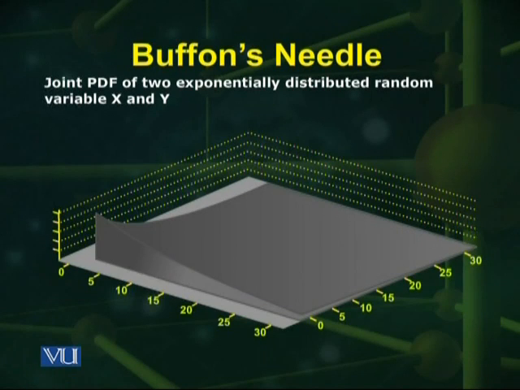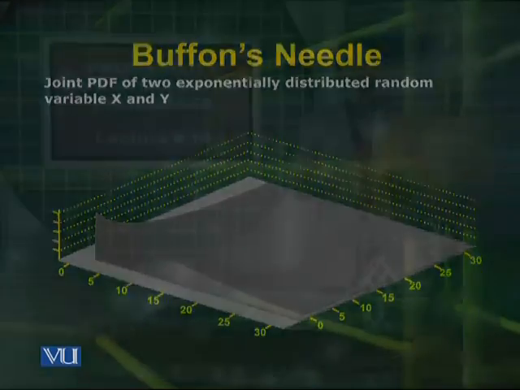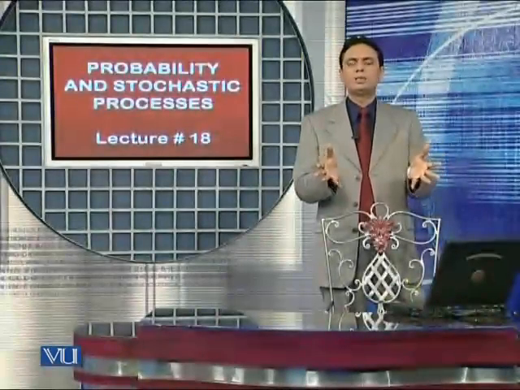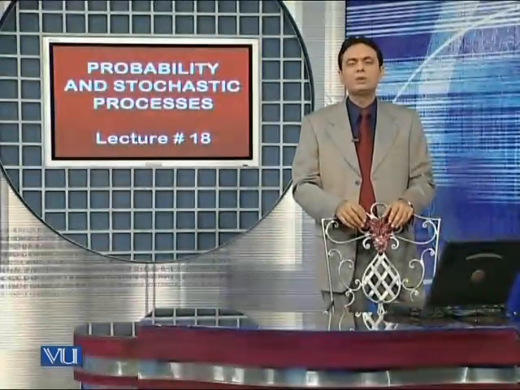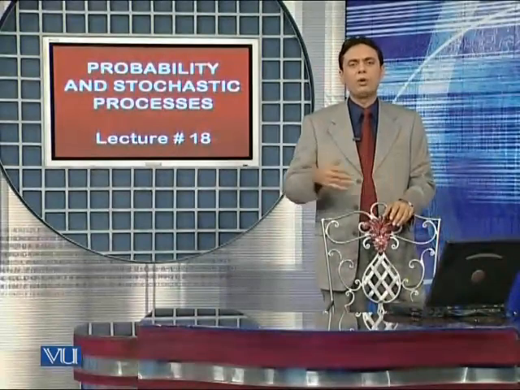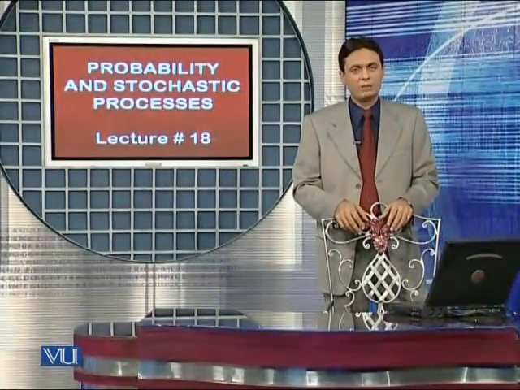Even though this joint density is defined for the whole first quadrant where x is between 0 and infinity and y is also between 0 and infinity, we are going to show only a small region from 0 to 30 and 0 to 30. So 30 months by 30 months is the time that we are interested in, even though the PDF is non-zero for all positive values of x and y.